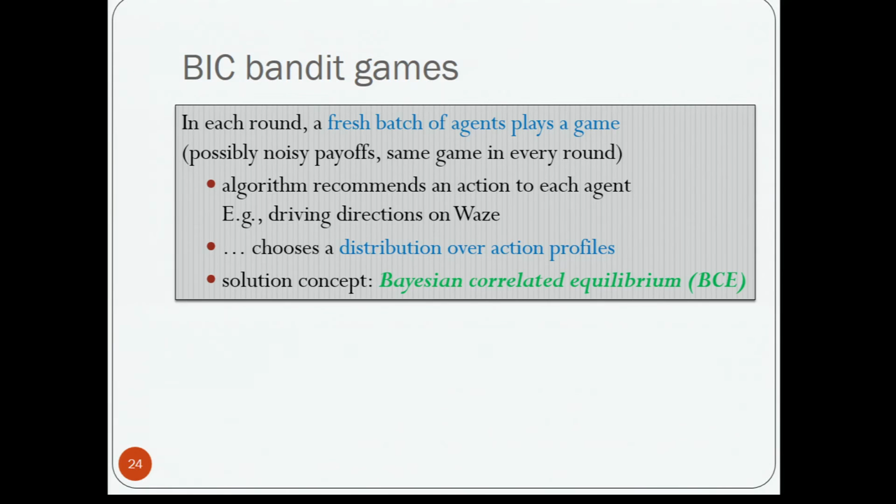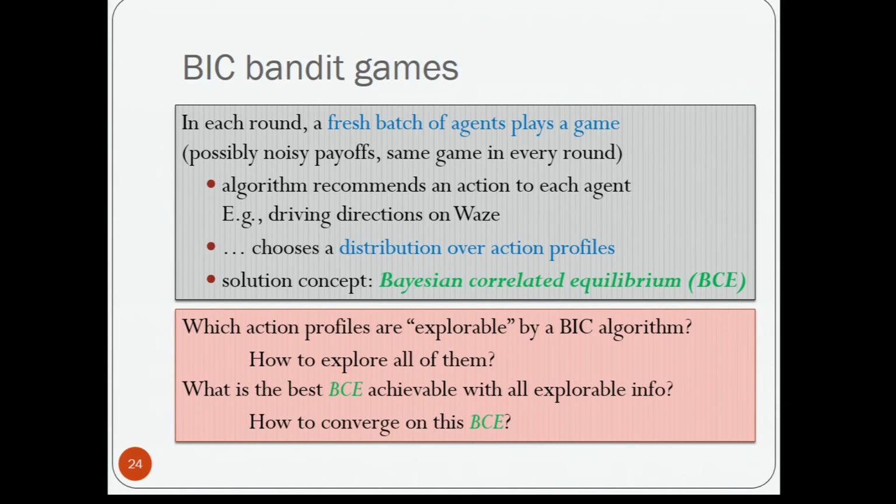So in this formulation, things get very technical very fast, and so I'll only mention a few high-level things that make it different. One is that, before, we had a condition that guaranteed us that all actions can be explored by a BIC algorithm. Now it's no longer the case, and we really need to think very carefully about which action profiles can be explored and how to actually explore all of them.